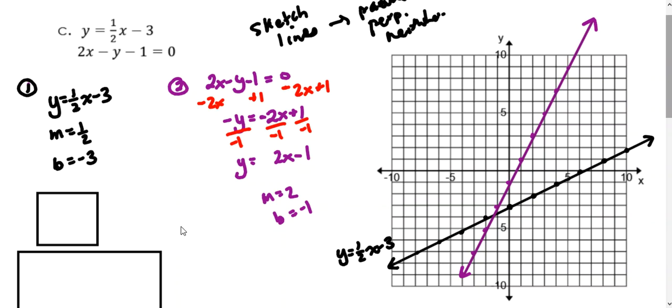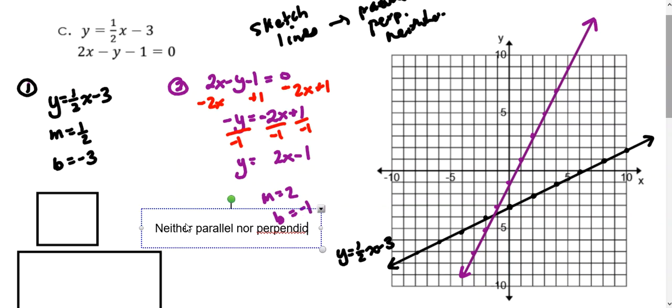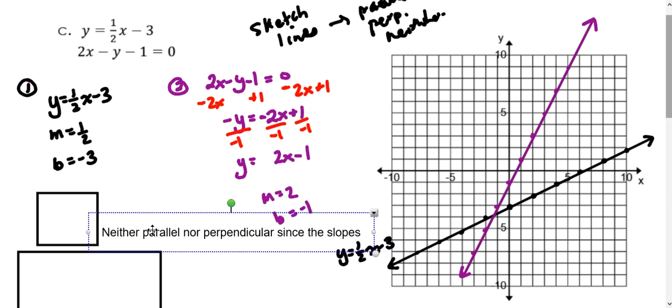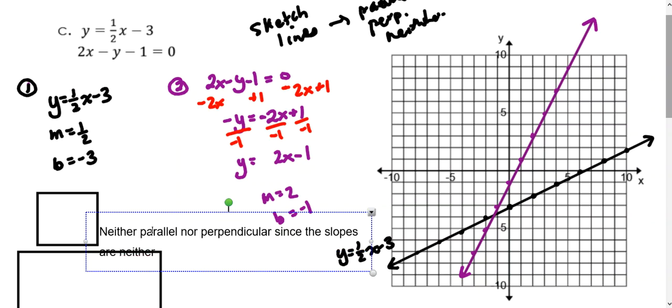So these guys are basically neither parallel nor perpendicular, since the slopes are neither the same nor negative reciprocal to each other. Okay.